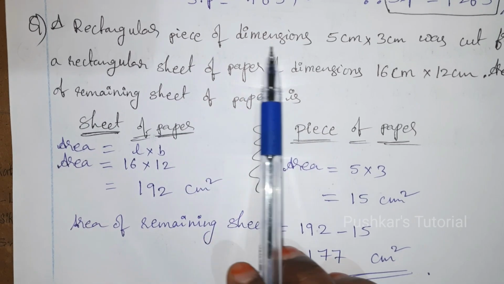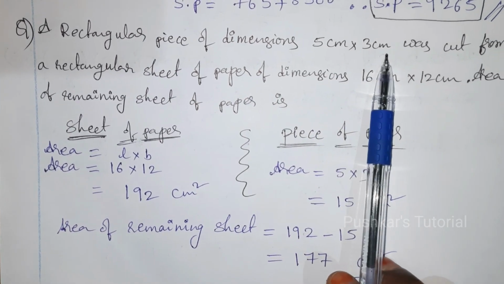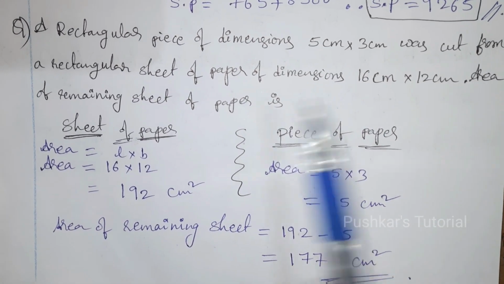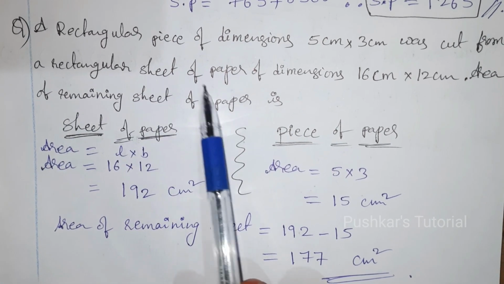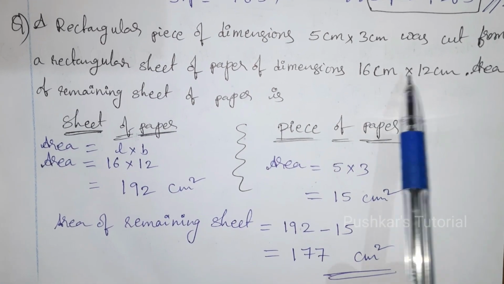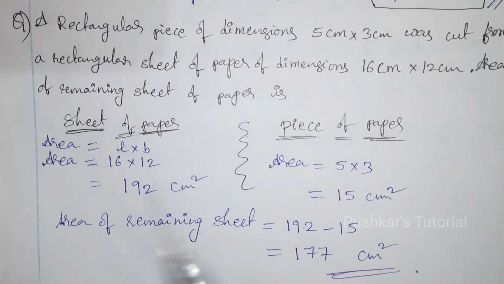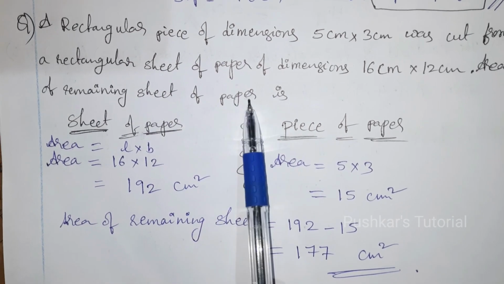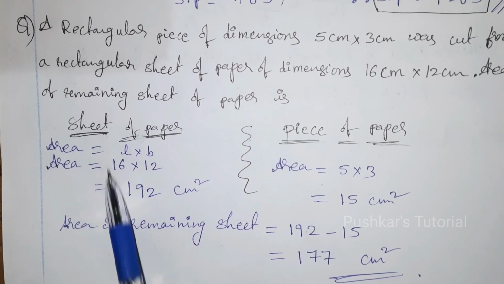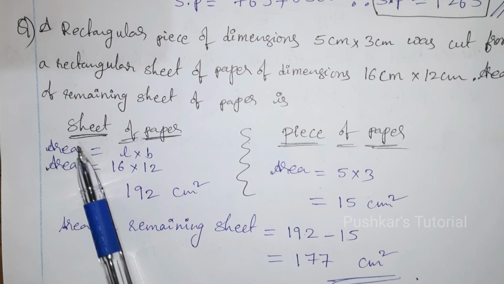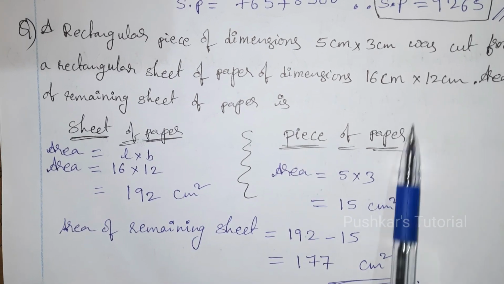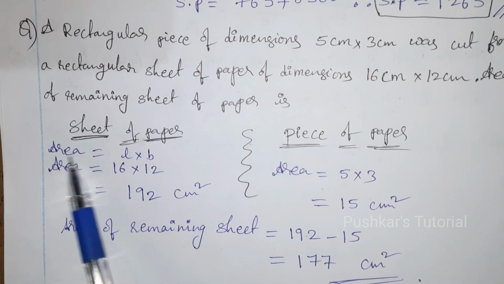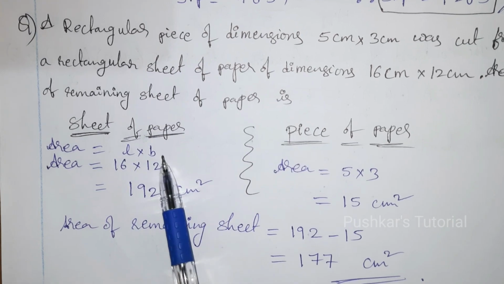A rectangular piece of dimensions 5 cm by 3 cm was cut from a rectangular sheet of paper of dimension 16 cm by 12 cm. The area of the remaining sheet of paper is asked. So first we will write the bigger one as the sheet of paper, the smaller one as the piece of paper. Area is equal to the formula length into breadth.